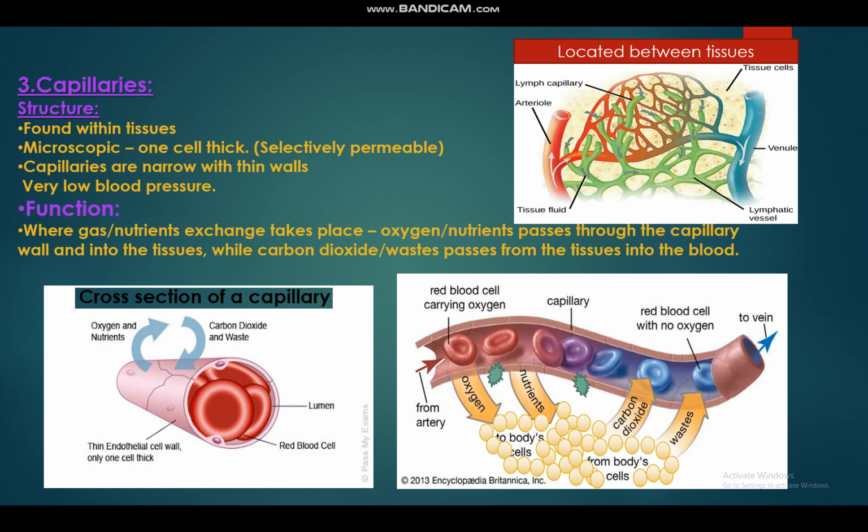As the blood is passing through it, the blood pressure in the capillary is low and the flow of blood is slow, giving more time for the exchange of substances.